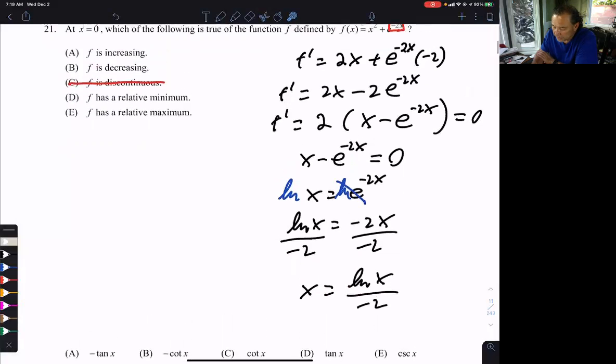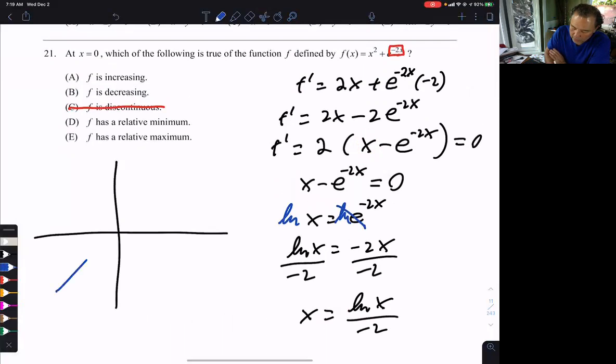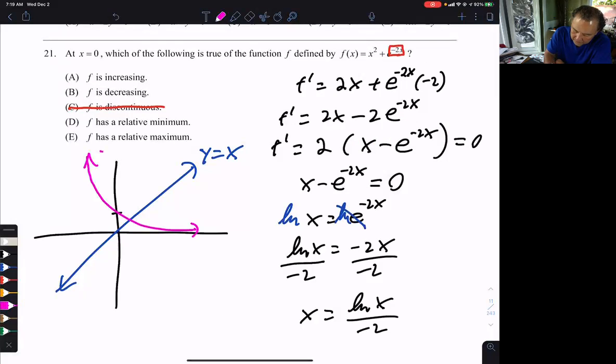So let's evaluate this. y equals x looks like that. And then e to the minus 2x, let me draw that. It's going to look something like this. So the derivative is going to be that minus that.